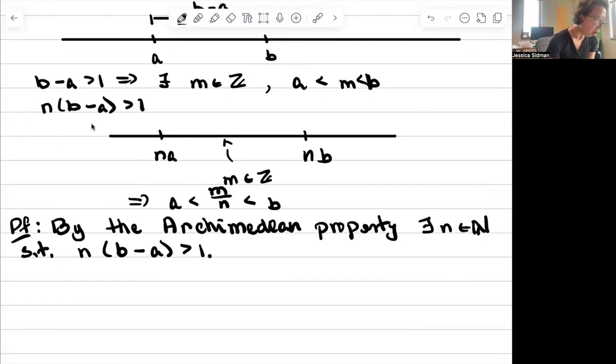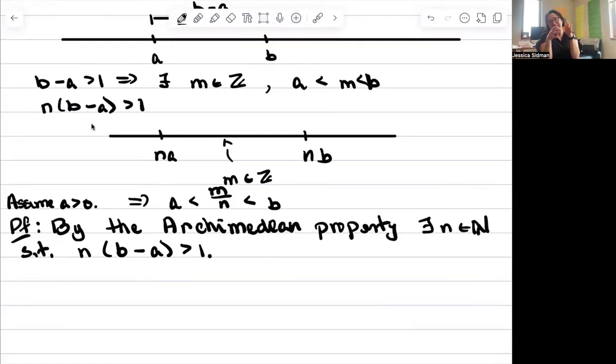Okay. Oh, and you know what? I think I want to say that I'm going to prove this in this special case where a is positive. So let's say that here. So assume a is greater than 0.